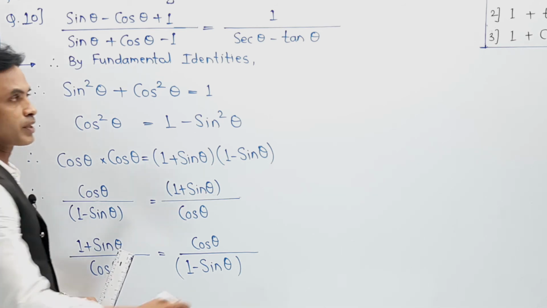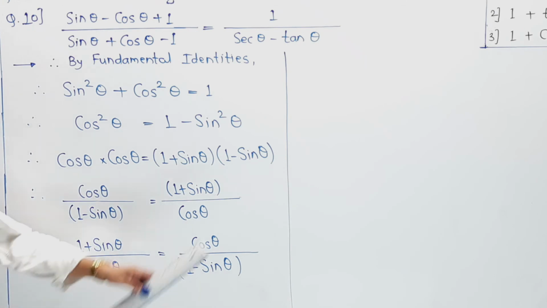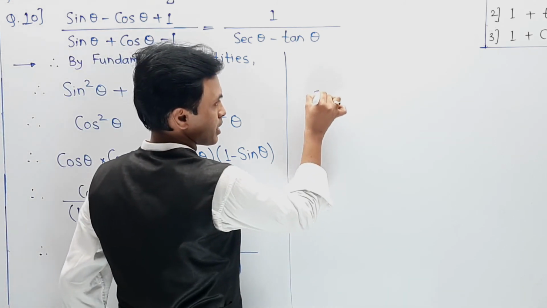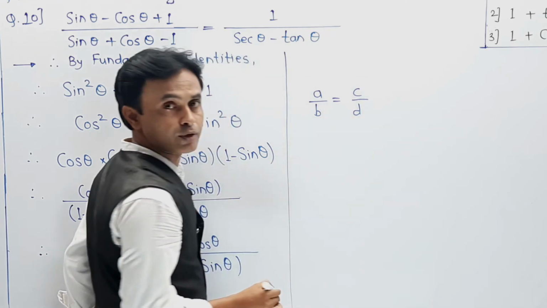What exactly is the theorem of equal ratio going to indicate? Pay attention. If A upon B is equal to C upon D, then we have two options.